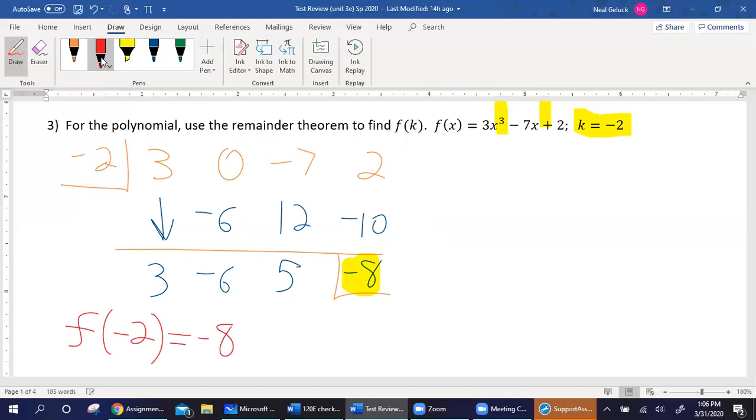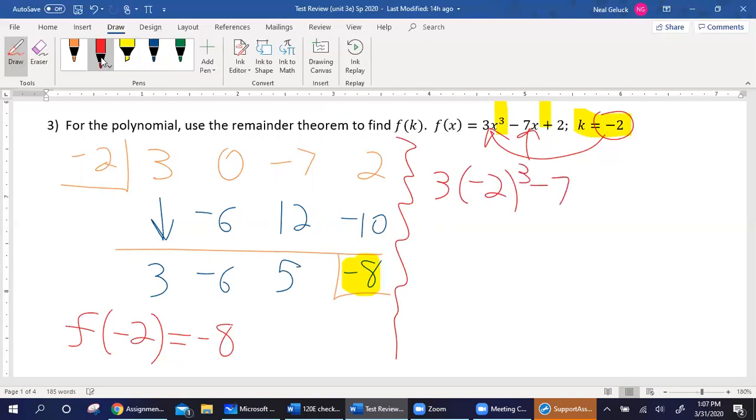Now, this is one way to do it. This is technically using the remainder theorem. Another option is to plug -2 in for x. So this would be 3 times -2 to the 3rd minus 7 times -2 plus 2. You should get -8 out of this.